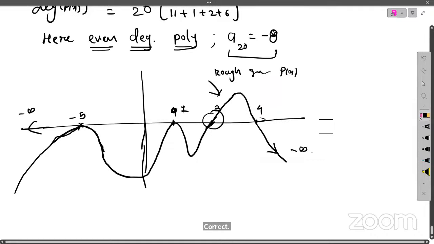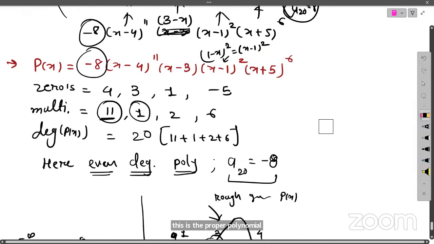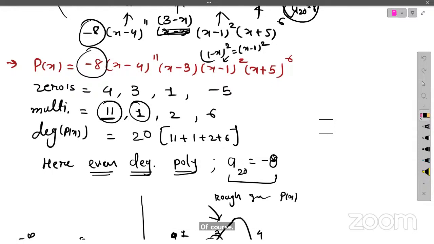Taking another example, let's take a proper polynomial like x cube minus 6x square. But then we have to factor it out, right? If the polynomial expression is given, it is very tough to draw. We need a factor form. Factoring a polynomial is a very hard problem. If you search the internet, you will find there is no method which can factor a 5th degree polynomial, though we have one for 4th degree.